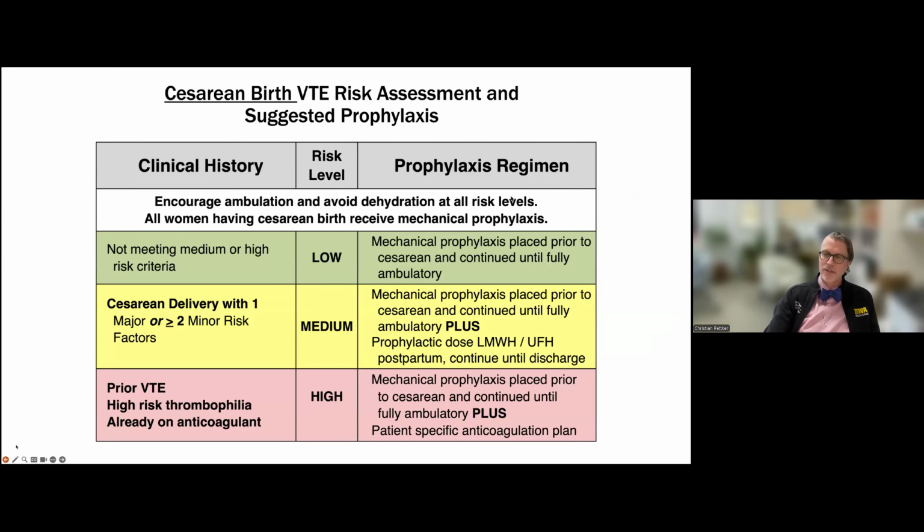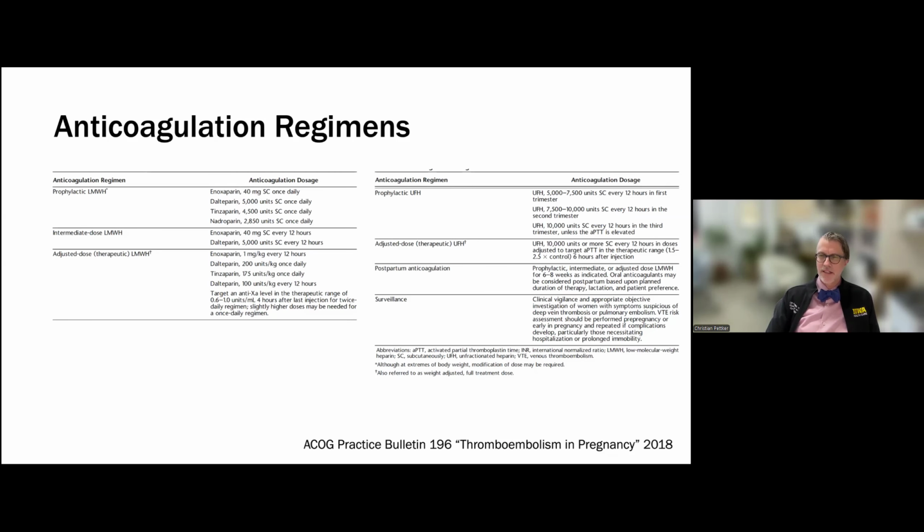And I'm sorry, my mouse is so sensitive; it keeps going from slide to slide. And then how long postpartum anticoagulation lasts in patients with high risk or intermediate risk thrombophilias and risk for venous thromboembolism. That generally lasts about 6 to 8 weeks. So those aren't your typical cesarean, obese patients. Those are patients with thrombophilias, for instance, where you would give 6 to 8 weeks.